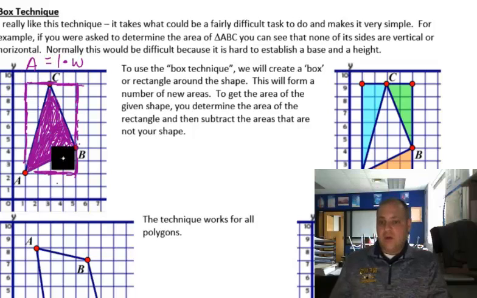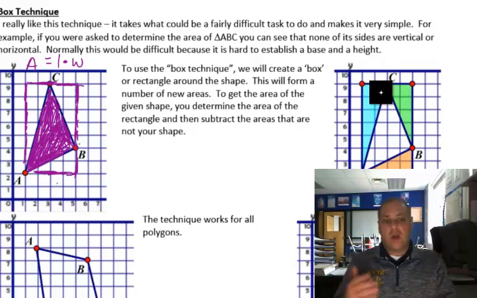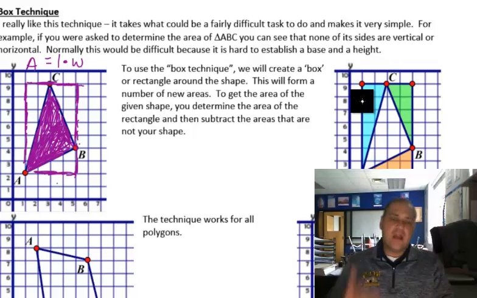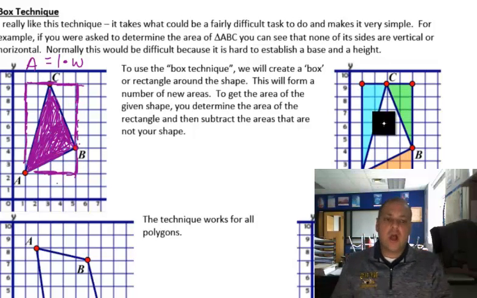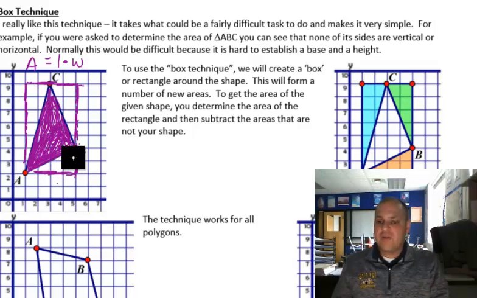So I know it's just whatever it is up and down times whatever it is left and right. And then I'm going to subtract the areas that are white. Now what I did here is we colored them, and on your paper it's shaded, but we colored the areas we're going to need to find. But essentially you're finding the areas that are white, and we're going to subtract that away.